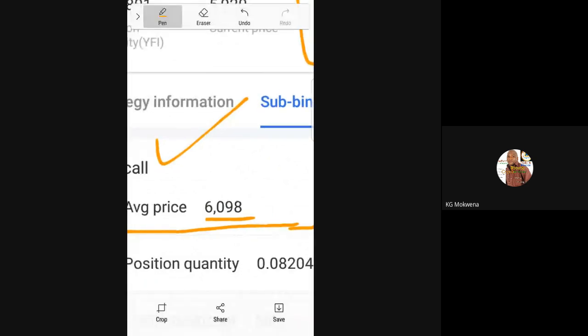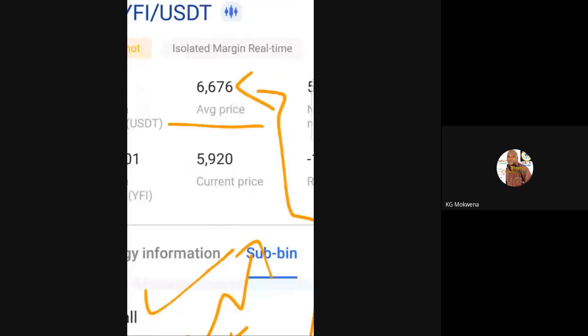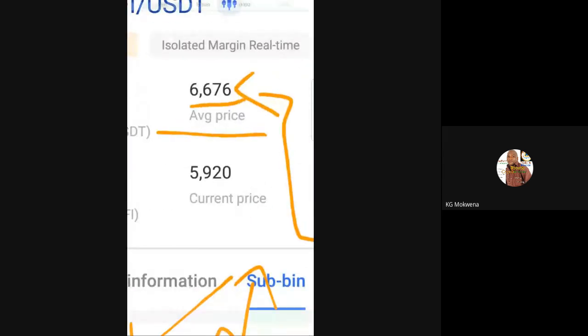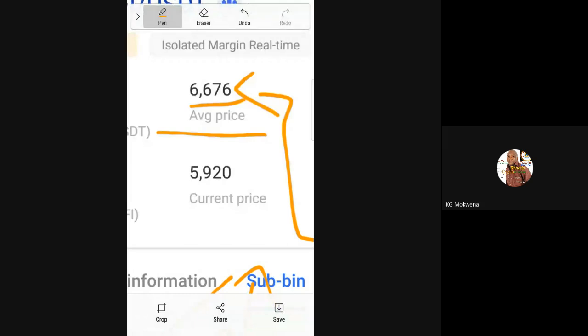So which means as the market will be shooting up, for instance, like that, what will happen is $6,098 will be reached much earlier than 6,676. It will take a whole lot more effort in terms of appreciation of the value, in terms of liquidity. More liquidity will have to be pumped into this market for 6,676 to be reached.